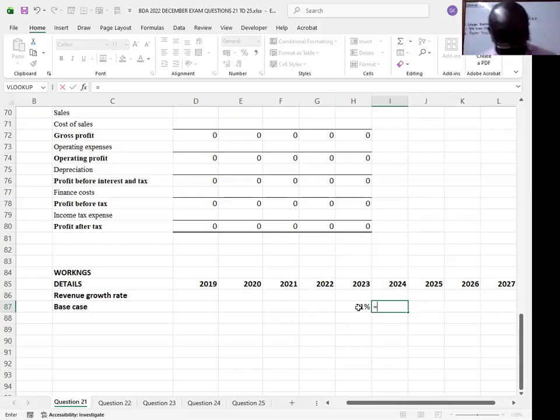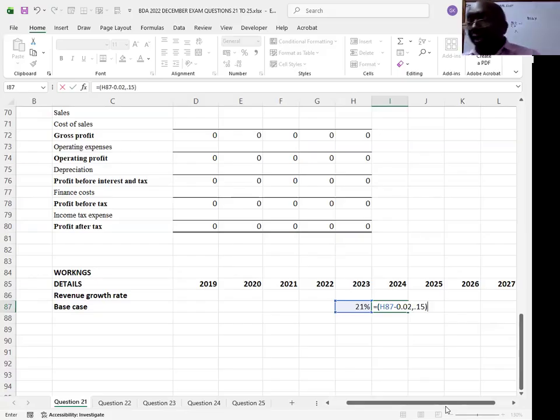So, utasema equals, then you open the brackets, and you take these 21, then you say minus 0.02, you put a comma, and then you put 0.15.